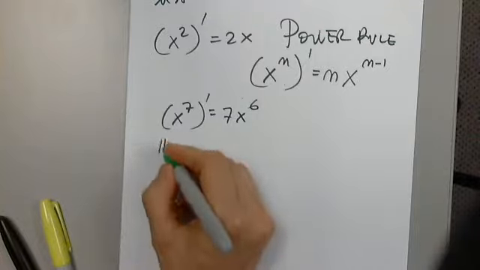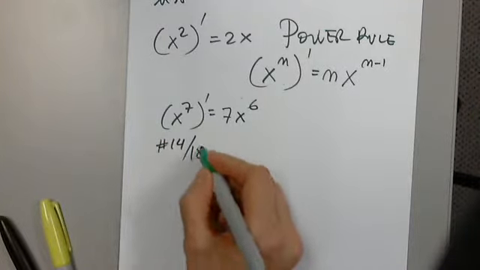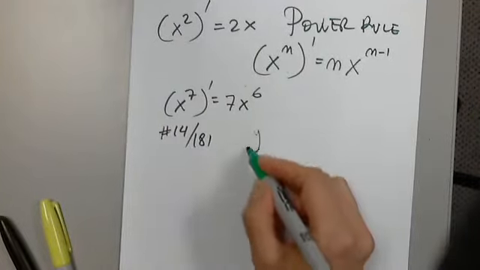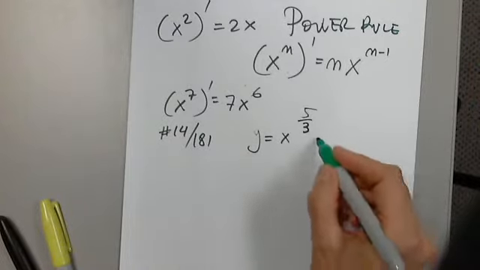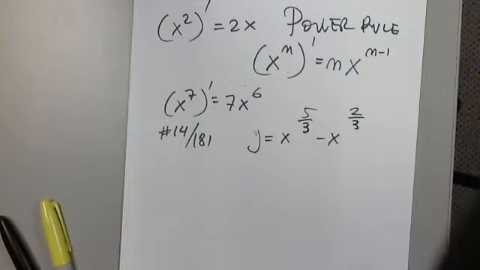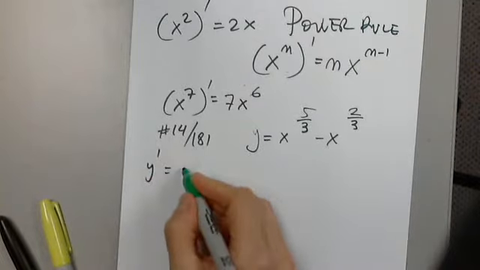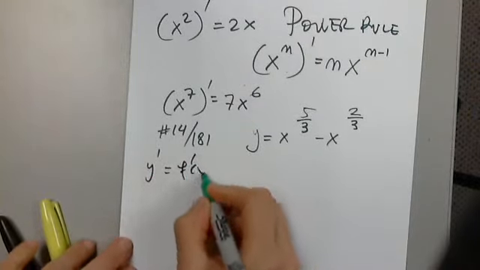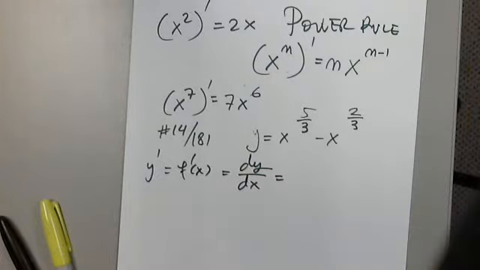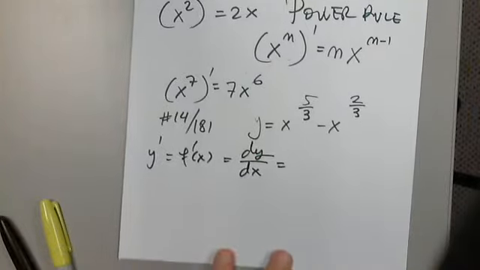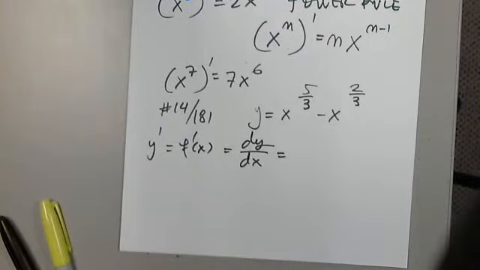Let's say problem 14 on page 181. y equals x to 5/3 minus x to 2/3. So y prime, or if you remember, f prime of x, or dy over dx. These are the notations that we will be using interchangeably in this class.